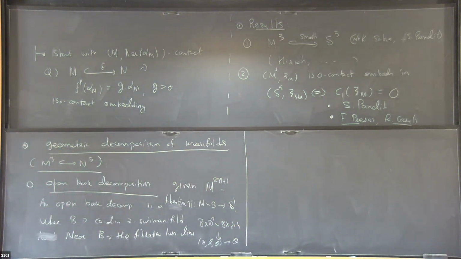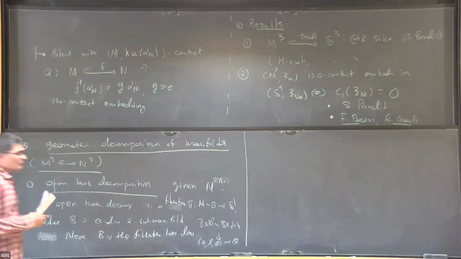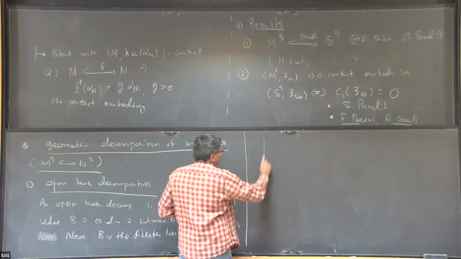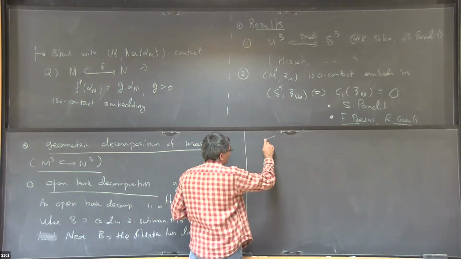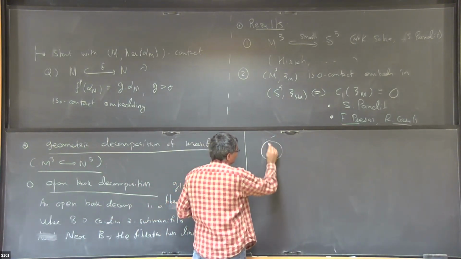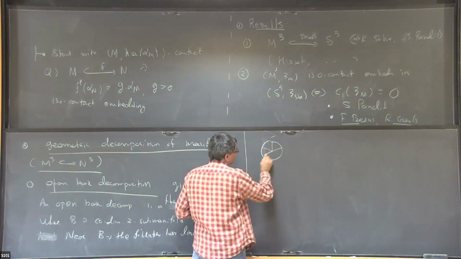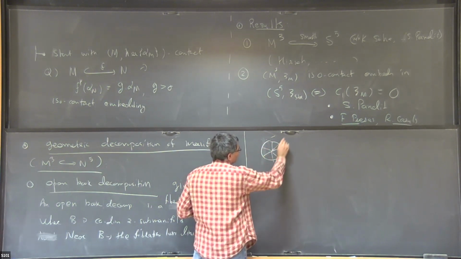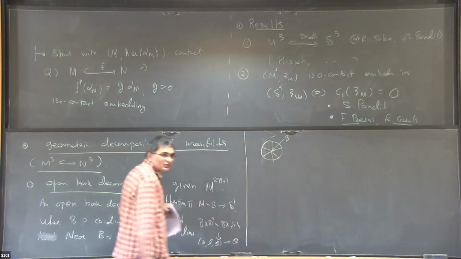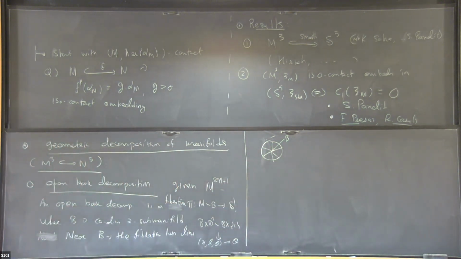So you take B and B cross D2, and it just kind of moves like the pages of an open book. This is your B and it locally just goes around it.